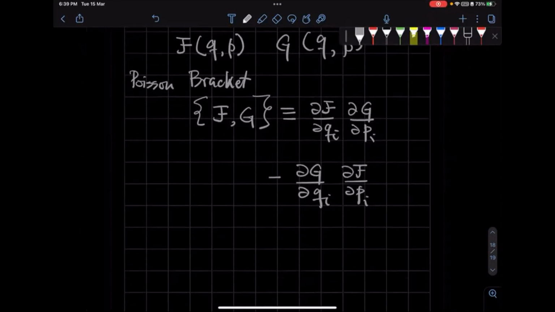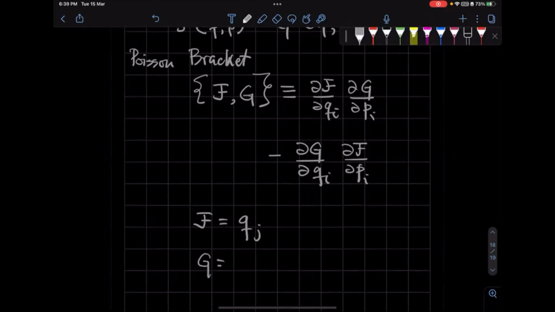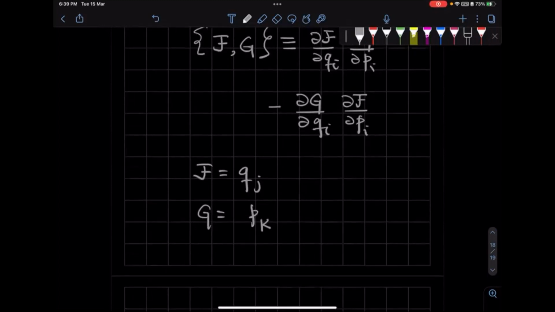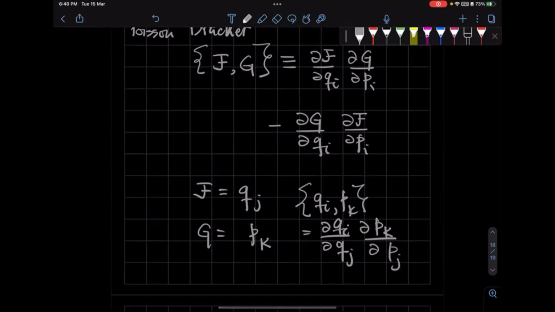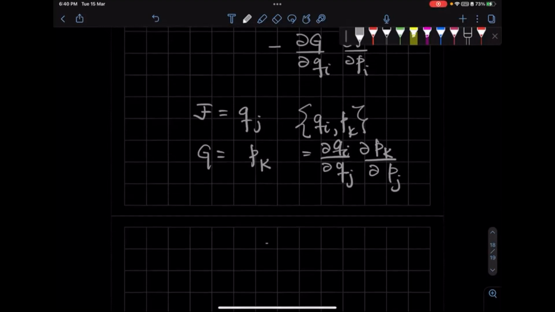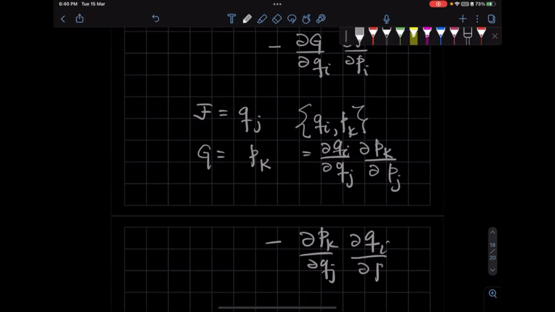And of course, if I take f to be, say, qi, and g to be, say, pk, then {qi, pk} is going to be derivative of qi with respect to qj, derivative of pk with respect to pj, and then minus derivative of pk with respect to qj, derivative of qi with respect to pj.